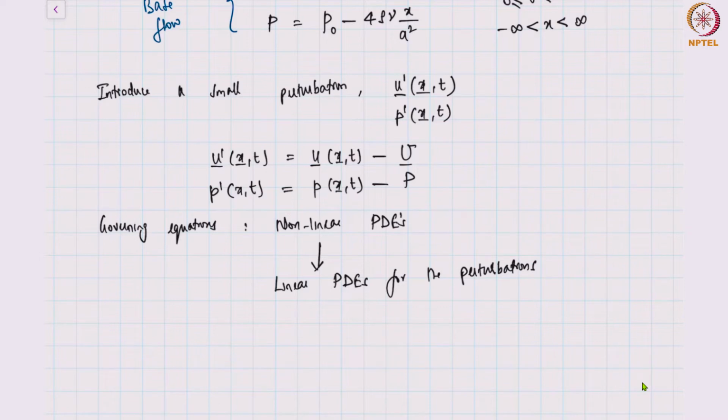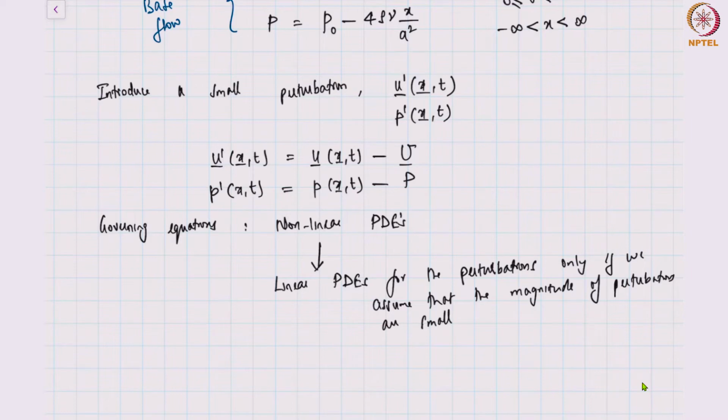Now, I get linear perturbations only if we assume that the magnitude of the perturbations is small. In other words, we will ignore all products of perturbations.